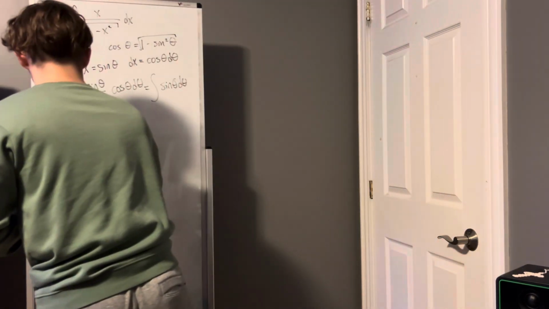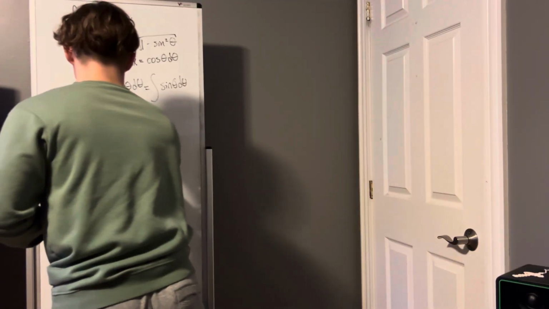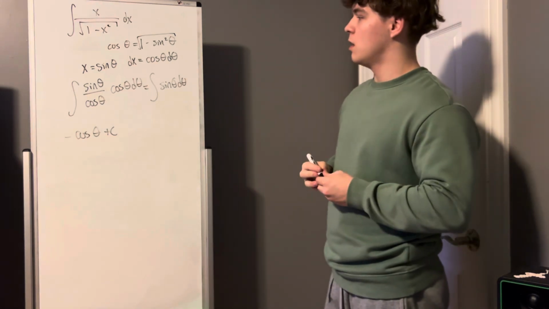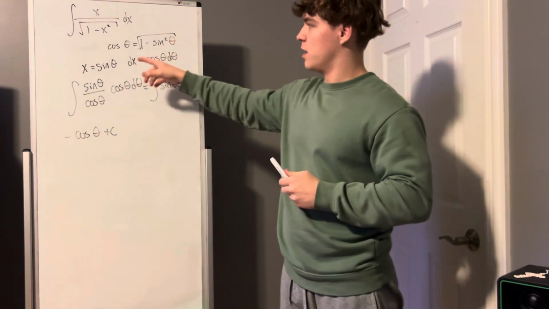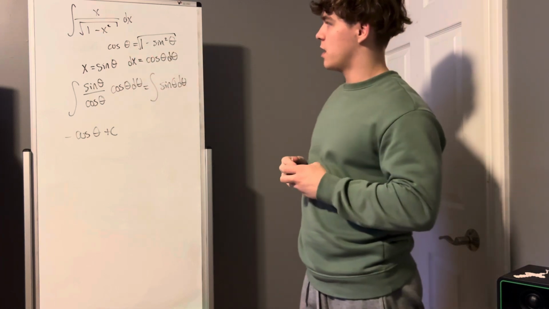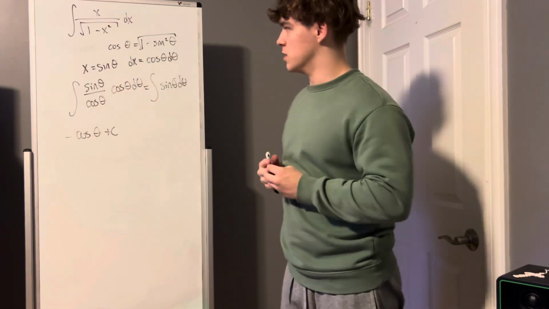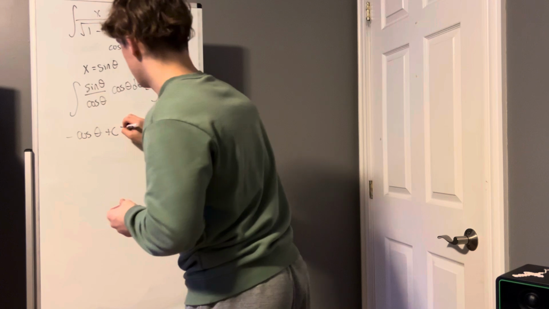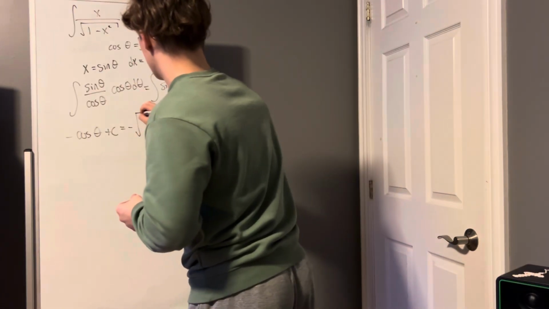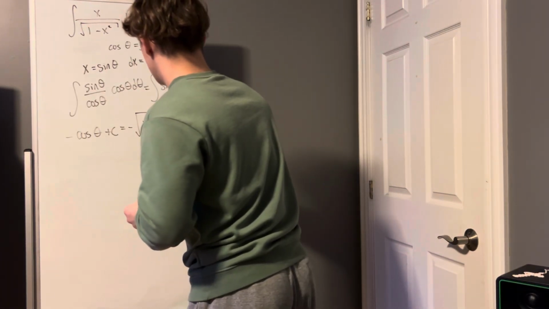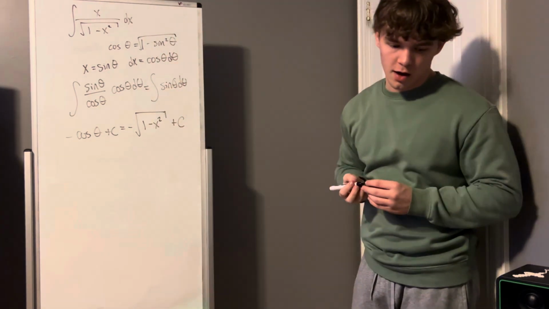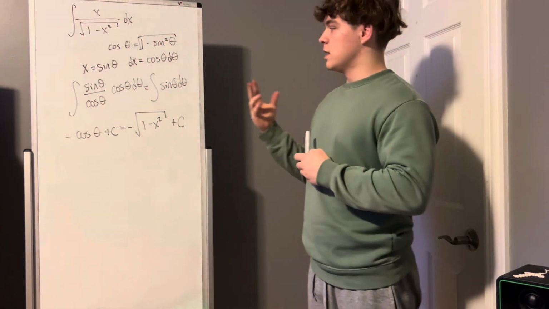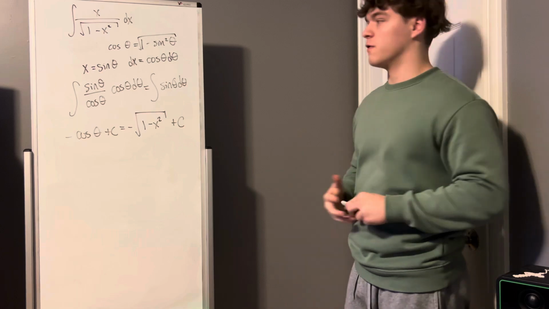That's negative cos theta plus c. What's our cos theta? That's root 1 minus sine squared theta, or root 1 minus x squared, because our x equals sine theta. So this is negative root 1 minus x squared plus c, which we could have gotten just from doing a simple substitution, but this is the fun way.